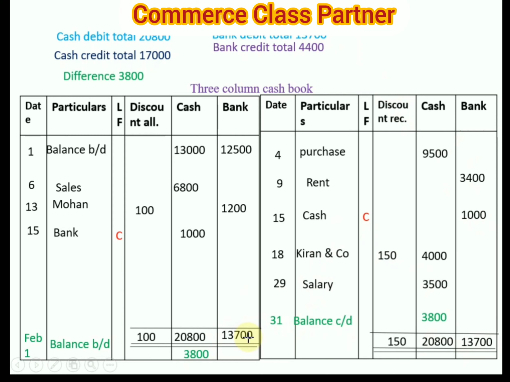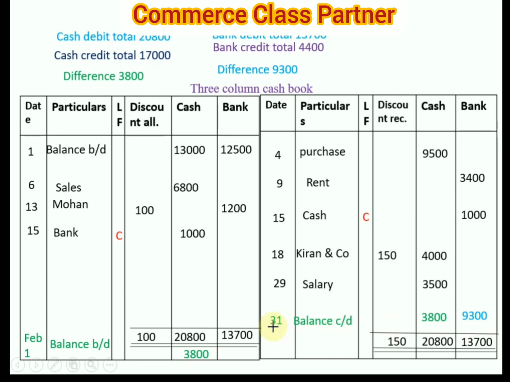It is written on the debit side, and the same amount is written on the credit side also. Then find out the difference. 13,700 minus 4,400 is 9,300. This is written on the smaller side. Here also the smaller side is the credit side, so this is written as 9,300.